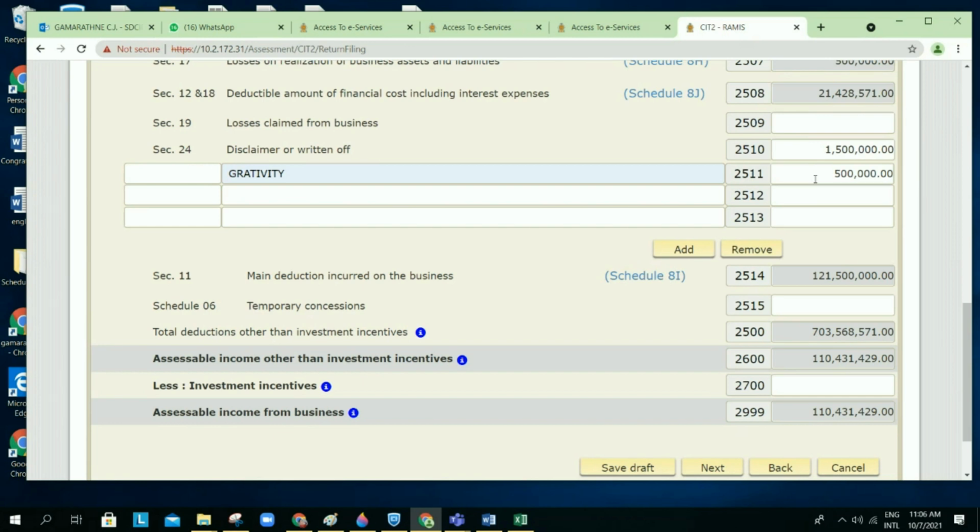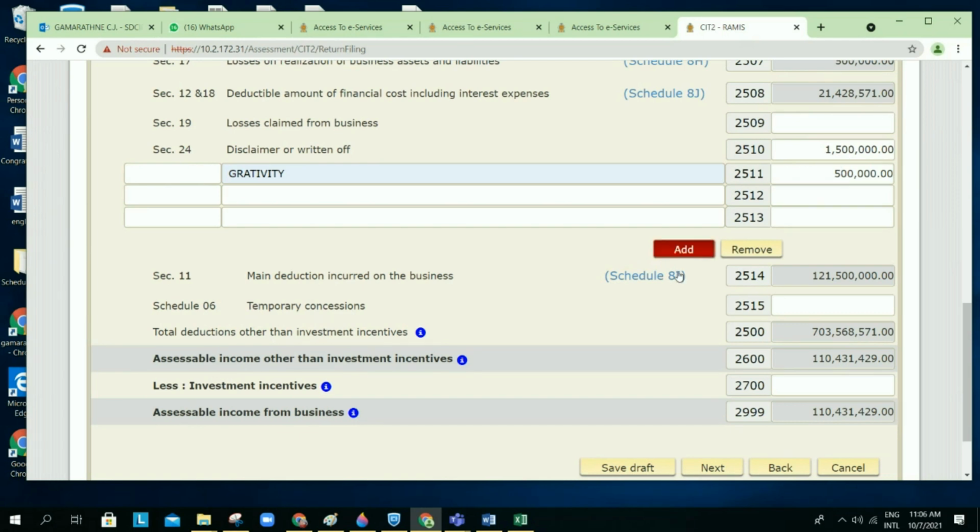There was no specific entry here. What you can do is that there are blank entries, right? You can enter the name here and you can take the value, right? Then if these given 3 lines are not enough, you can add other lines as well, right?